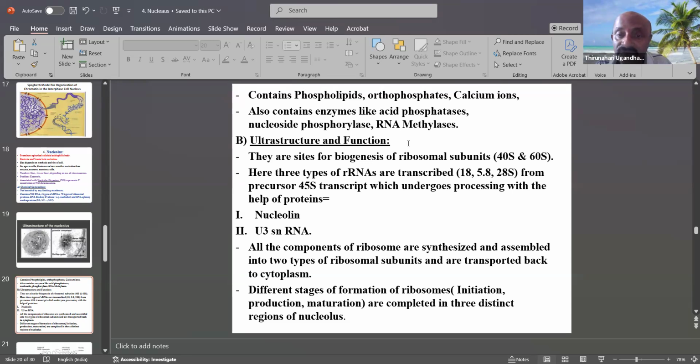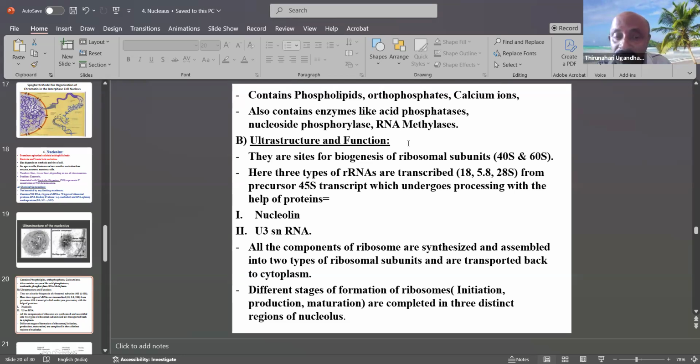They are a site for biogenesis of ribosomal subunits. The nucleolus is majorly important for the ribosomal subunits of 40S and 60S Svedberg units. Here, three types of RNAs are transcribed: 18S, 5.8S, and 28S, from a 45S precursor, which undergoes processing with the help of proteins. Nucleolin and U3 snRNA are also important.